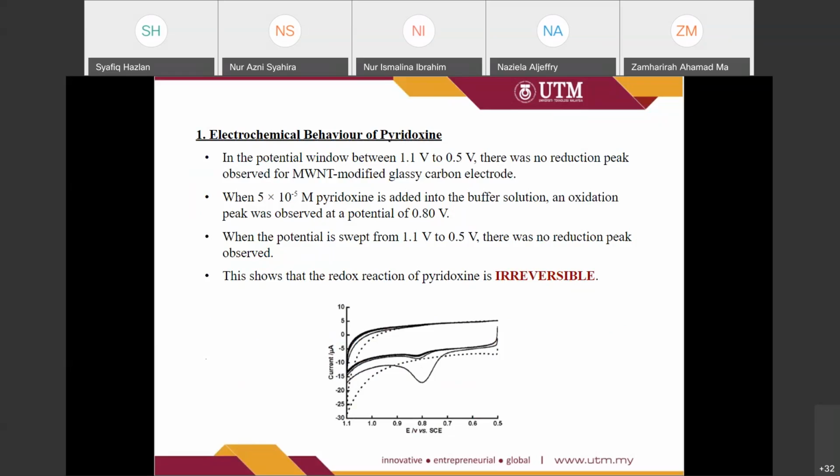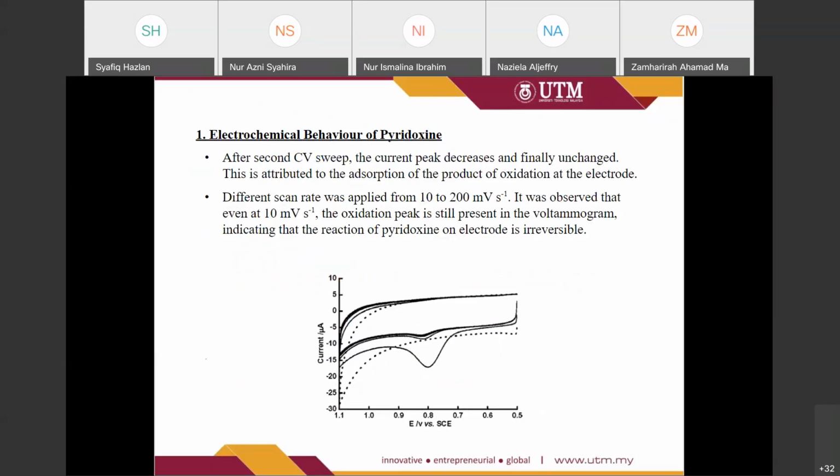And when the potential is swept from 1.1 volt to 0.5 volt, there was no reduction peak observed. So this shows that the redox reaction of pyridoxine is irreversible. As you can see in this cyclic voltammetry, there was no reduction peak observed in the voltammogram.